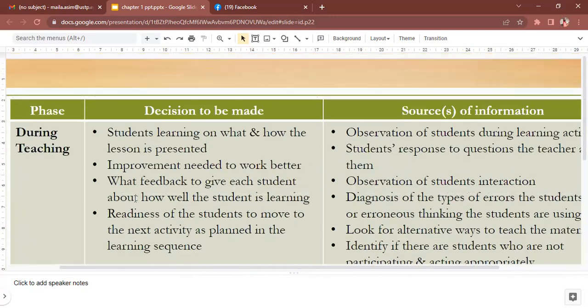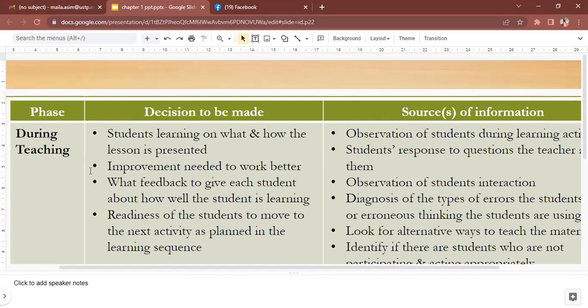next is during teaching. So during teaching, kinahanglan nato i-keep in mind, no? So decisions to be made are students' learning on what and how the lesson is presented.